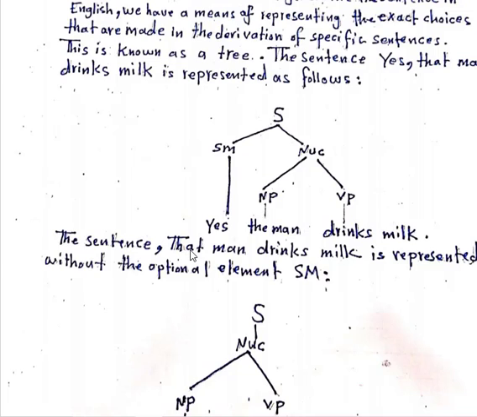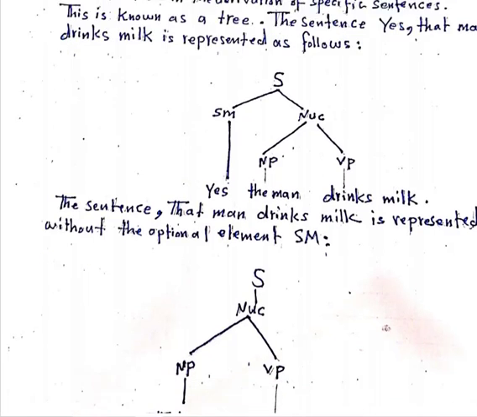The sentence is represented with the sentence modifier, yes, in this position before the noun phrase, the man, in this sentence. But that man drinks milk is represented without the optional element sentence modifier.